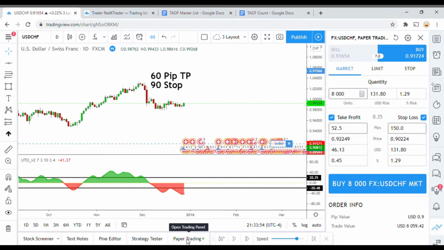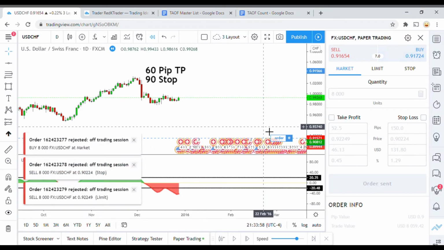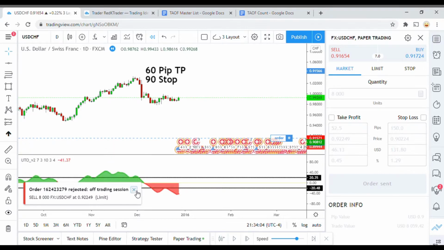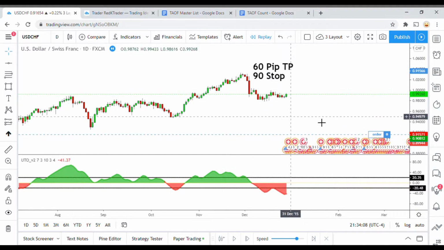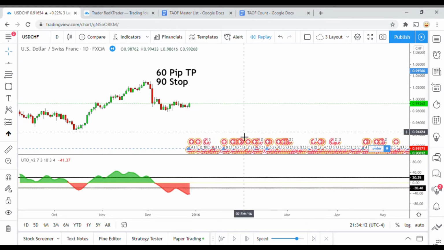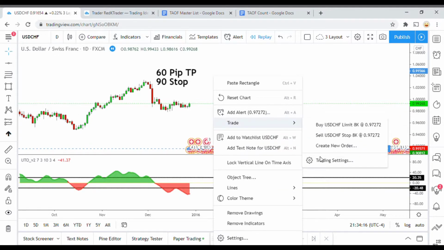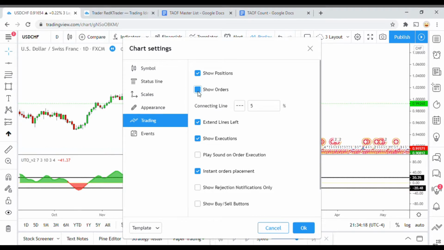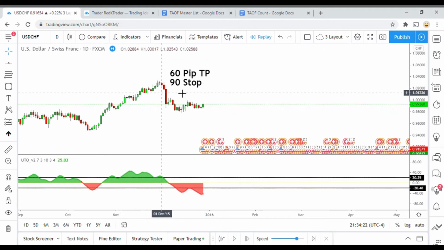So you can set the amount of capital that you currently have in your account. Oh no, I forgot the market's closed. That's right, it is Friday. And so since the market is closed, it's rejecting the orders. It won't put the orders through. And so that's why it was doing that.